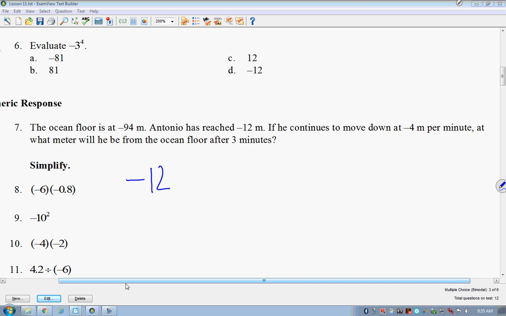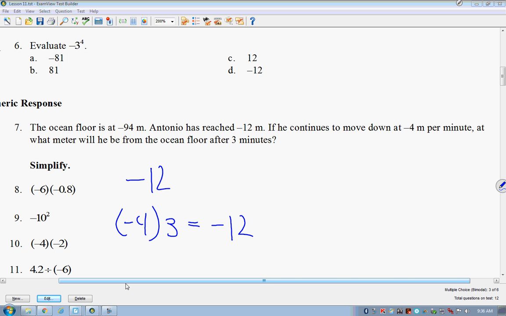Okay, and he's going down at an average of 4 meters per minute, right? All right, so I need to take negative 4 times what? 3, right? Because that's going to tell me how many more meters he's going to go down, correct? In 3 minutes. All right, so how many more meters will he go down? He's going to go down 12 more meters, right?